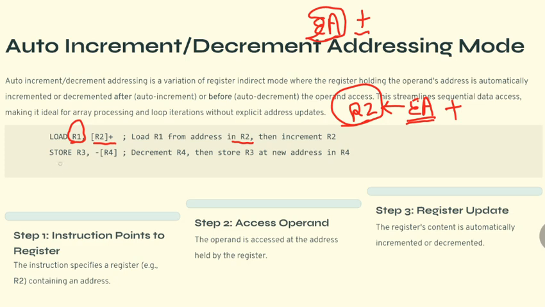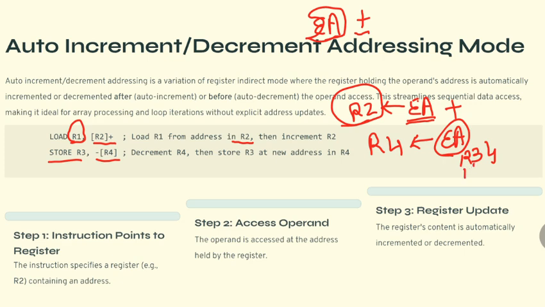Understood? In a similar way I have store r3, minus r4. Now it's a pre operation, right? Pre means first it will decrement. Suppose r4 has some effective address, say 1234.